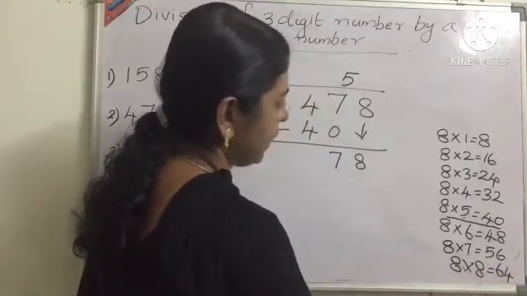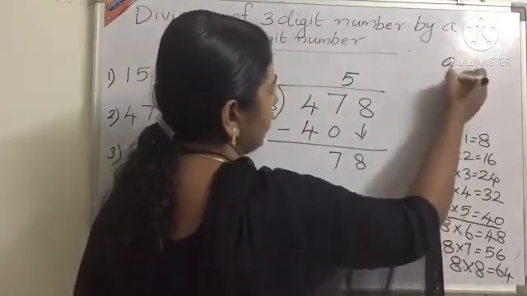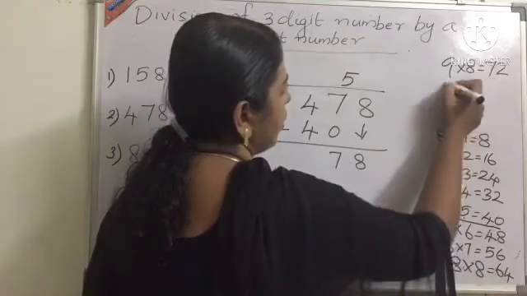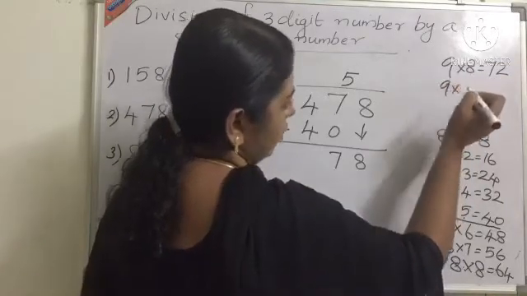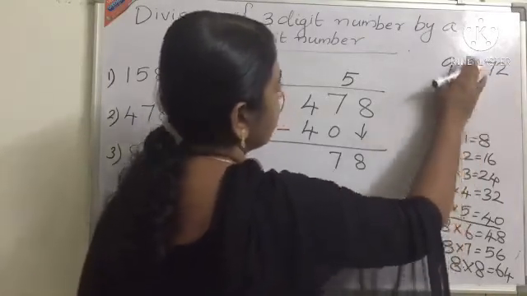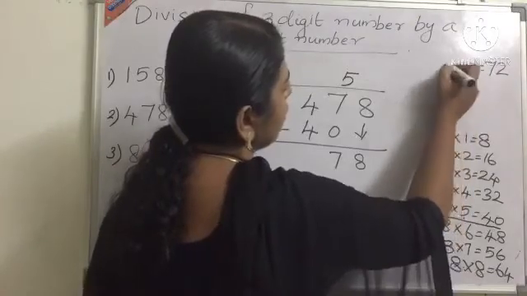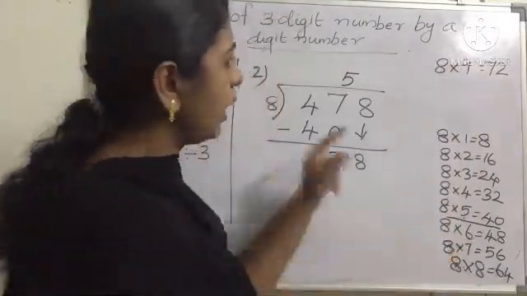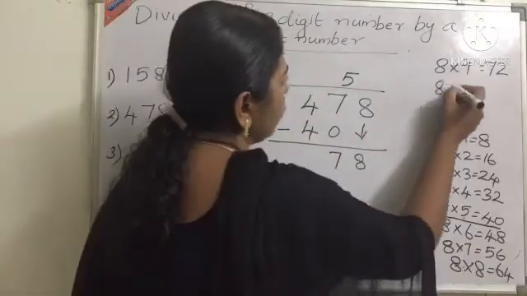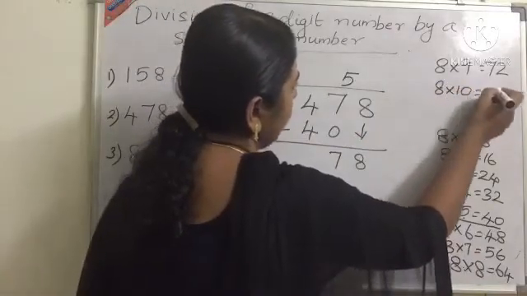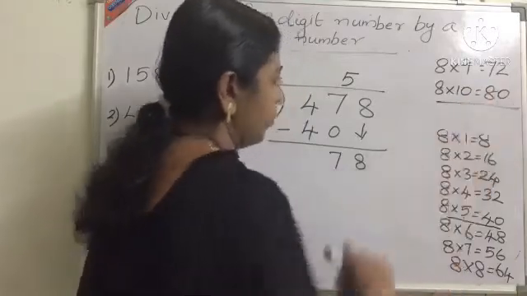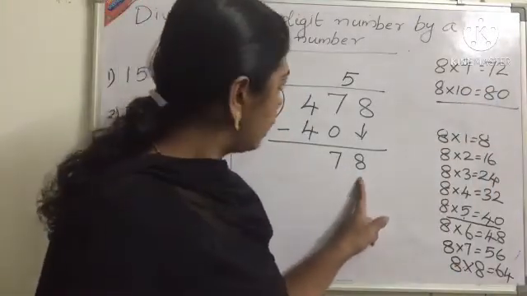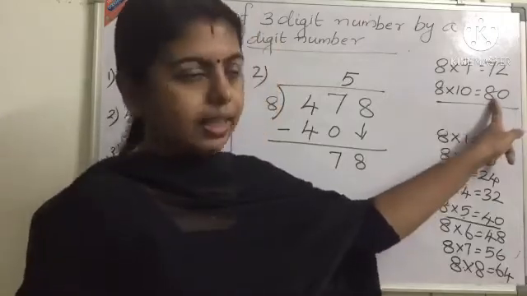There is no space, so shall I write here? Okay, this order we wrote now. 8 into 8, then 8 into 9, 8 into 10. So here it's 78. In the table here it is 80.